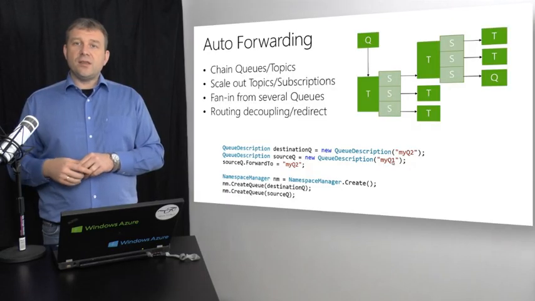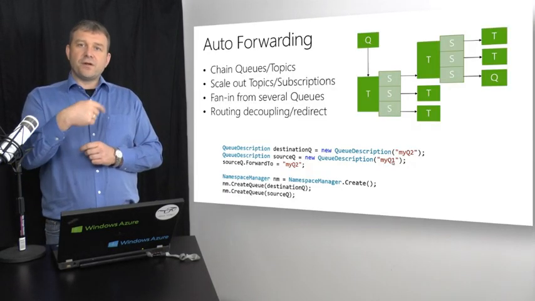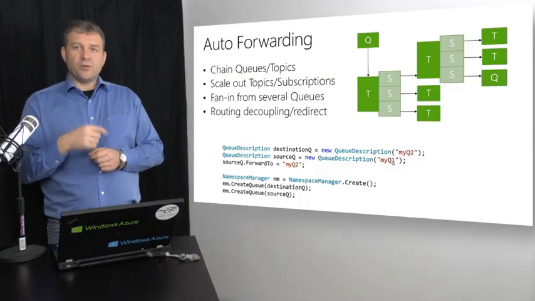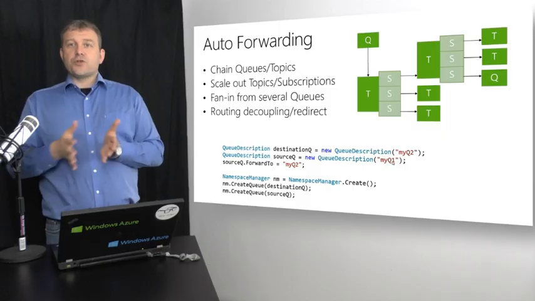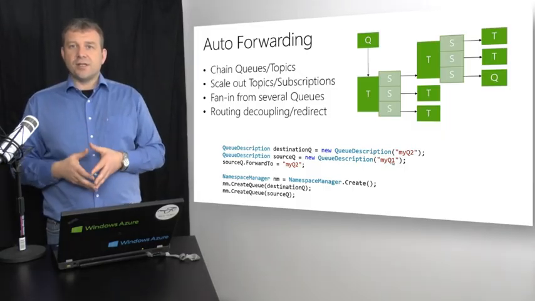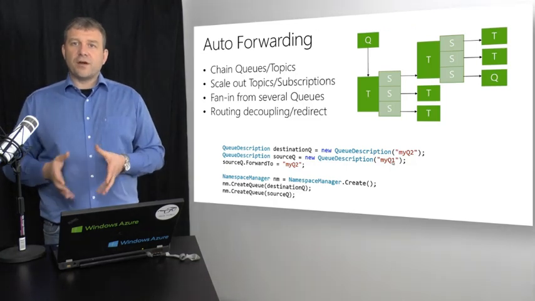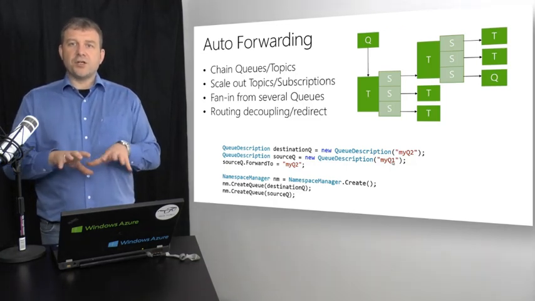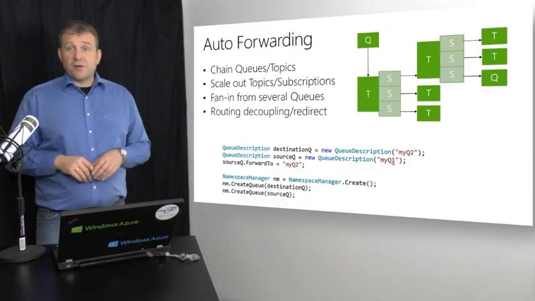You can now in the service repoint that queue to a different entity. You can point it to this topic, or you can point it to this queue. So you can effectively virtualize the destinations in your system by using the auto forward feature. You can reconfigure flows on the fly without even touching the configuration of your individual systems. So that's a very, very powerful feature.